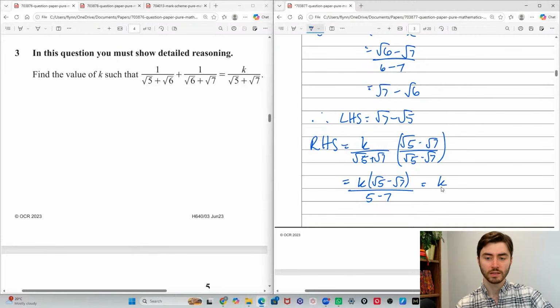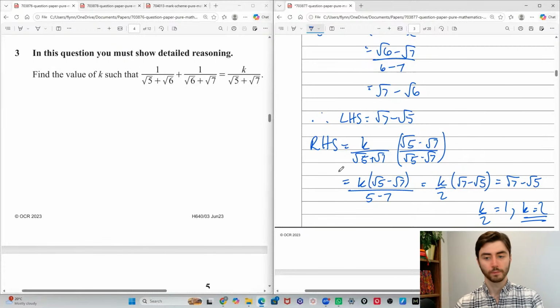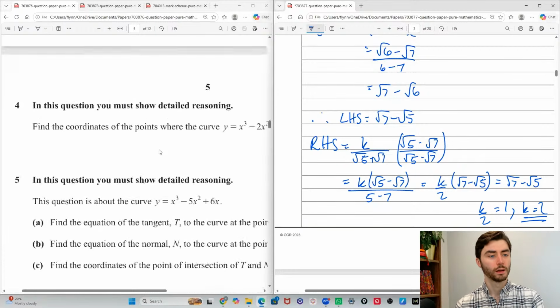So in other words, I'll say it's k over 2 into root 7 minus root 5. And we know this thing is equal to the left-hand side, which is root 7 minus root 5. So k over 2 must equal 1 and k equals 2. And that'll be very easy to verify later on.